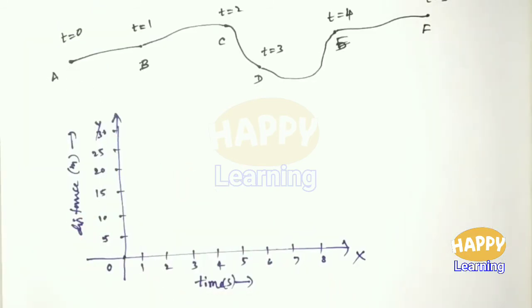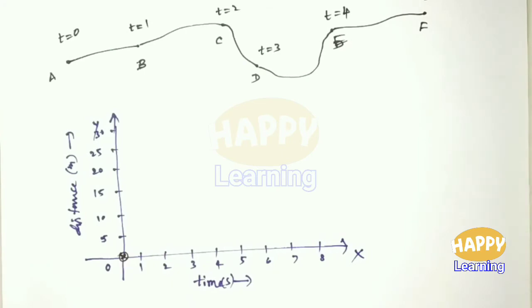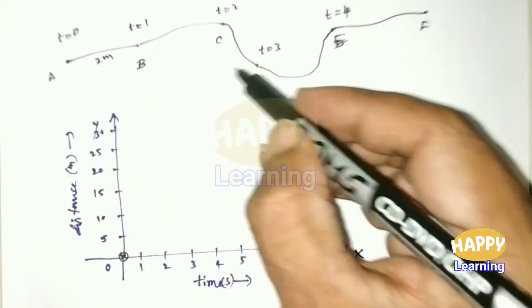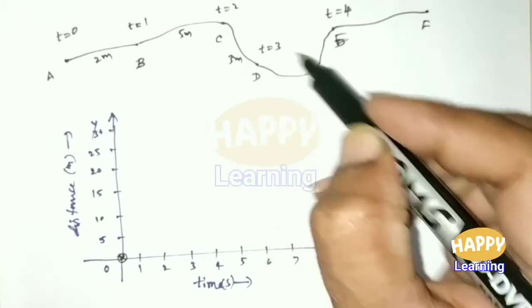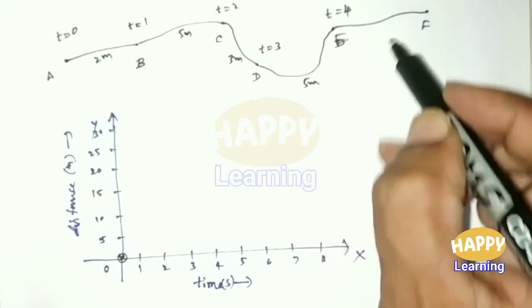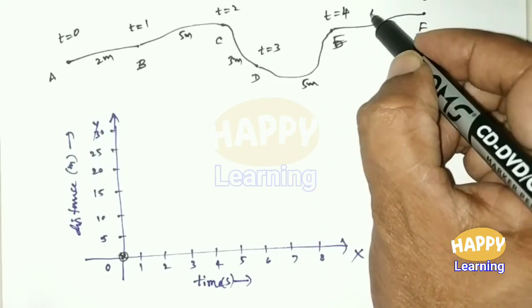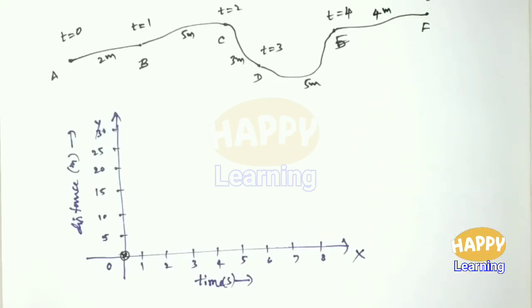At time t equal to 0, distance is equal to 0, therefore the point is at origin. At time t equal to 1, so let us note down the distances. In the first second 2 meter, then 5 meter, then 3 meter, then 5 meter, let it be 4 meter. So by the time t equal to 1, he has covered 2 meter, so roughly this point is here.